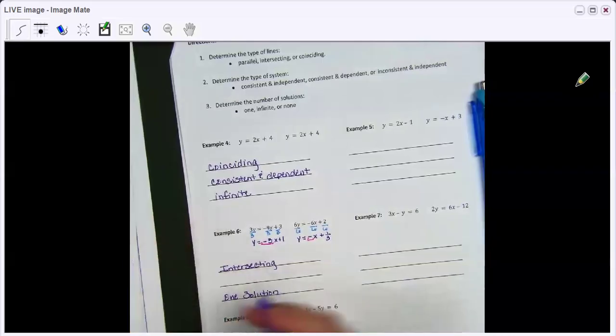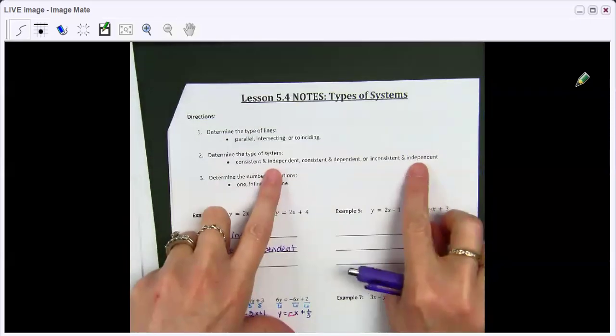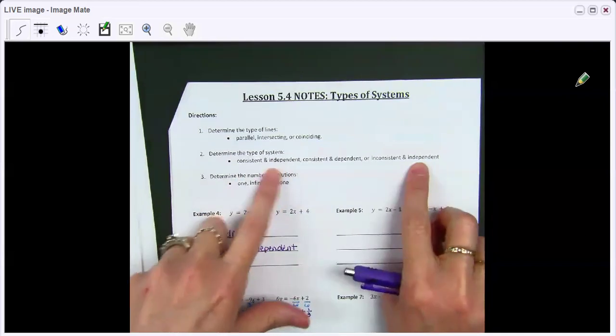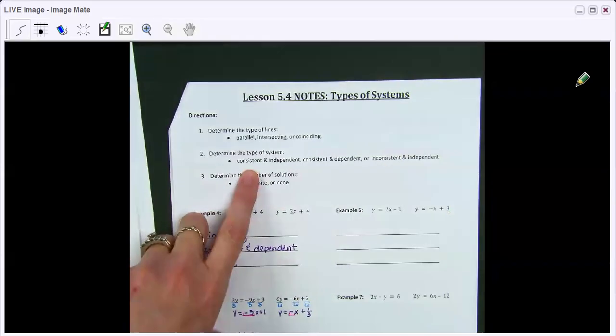And now we get to the more challenging part, determining whether they are consistent or inconsistent and dependent or independent. Now, I always remember that any line that is on its own, separate, that's not coinciding, is independent. They're independent from one another. So if I can remember that, then I go up here and I say, okay, if they're independent, well, I guess that doesn't matter the way that I'm thinking of.